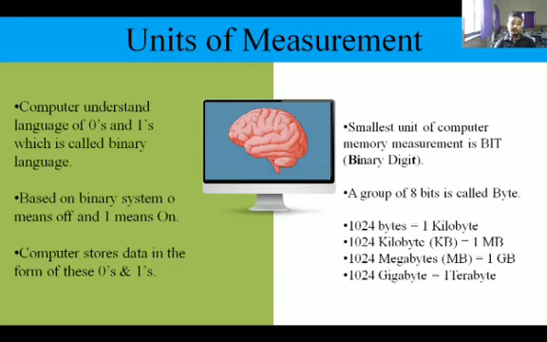And when 8 bits come together, when the smallest units, 8 bits, come together, they form one byte. Not the byte that we eat, the byte of memory. So 8 bits will become one byte, and when 1024 bytes of memory come together, it will make 1 kilobyte.